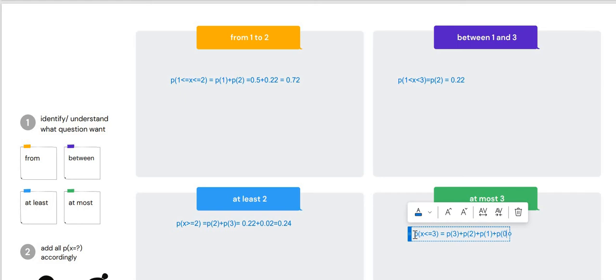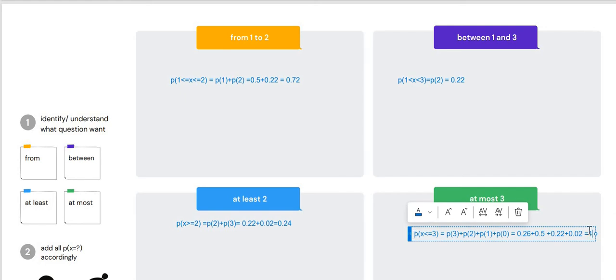Don't forget to include all of them. It's all the values in the table: 0.26 plus 0.5 plus 0.22 plus 0.02, which equals 1.